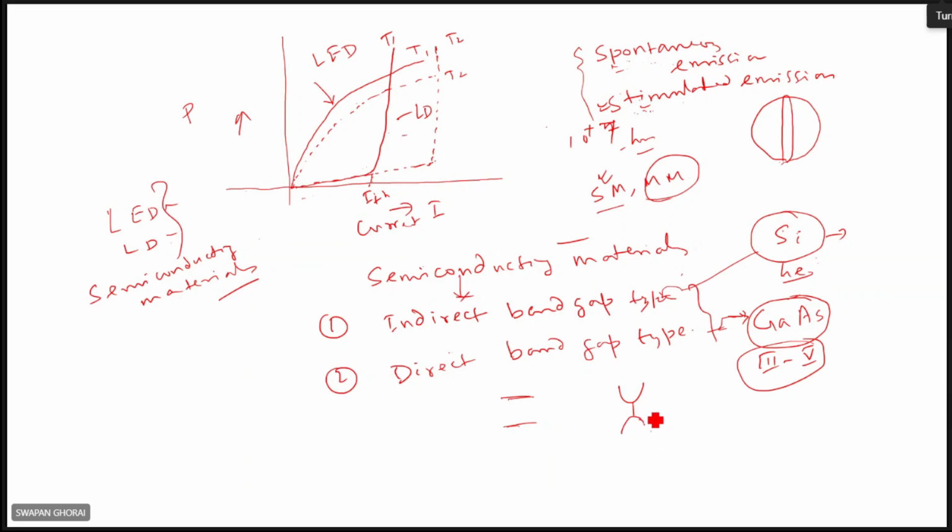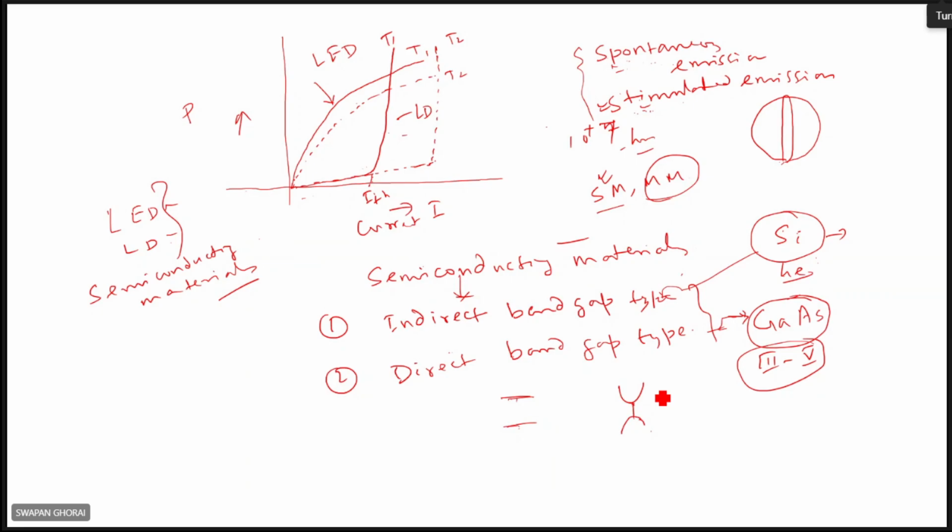If the conduction band minimum and valence band maximum occur at the same momentum value, it is called a direct bandgap material. In fact, whenever there is a transition from the conduction band to the valence band, both energy and momentum must be conserved. That is the principle.